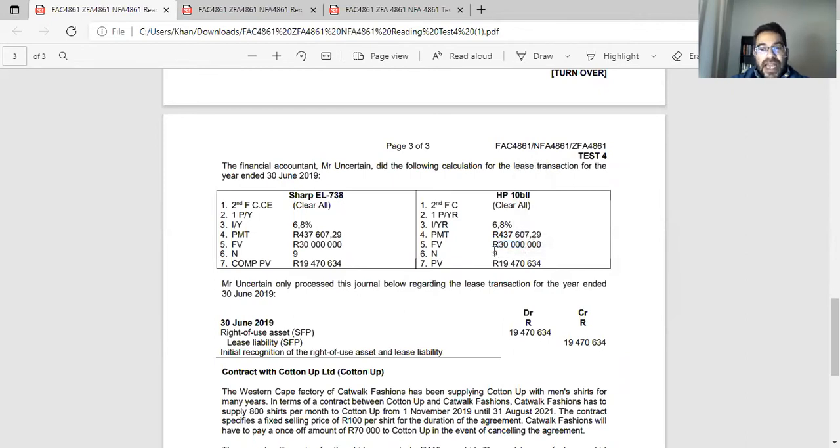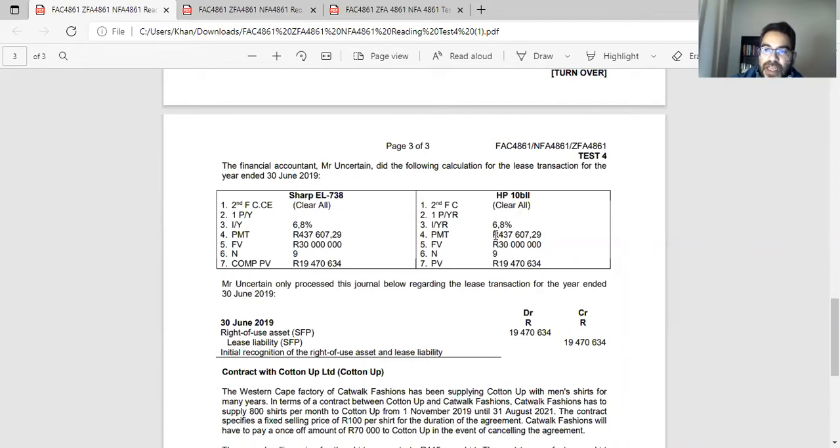N should not be 9, N should be 12, because we expect to renew, we have the intention to renew the contract. And then very important, this needs to be changed to beginning. There's no indication that he's using the beginning of the year, so he should be using payments at the beginning.